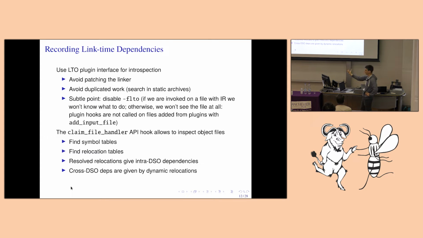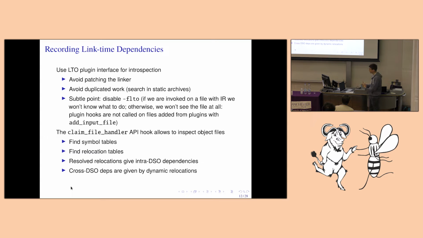If an object file contains LTO IR bytecode, then if the LTO plugin sees it first, it looks at it and says, "Yeah, I'm claiming this file. I know what to do with it." It tells the symbol table to the linker, and then it calls the compiler, compiles it, and adds the new compiled object files to the link after, which will be processed after all the regular files were processed.